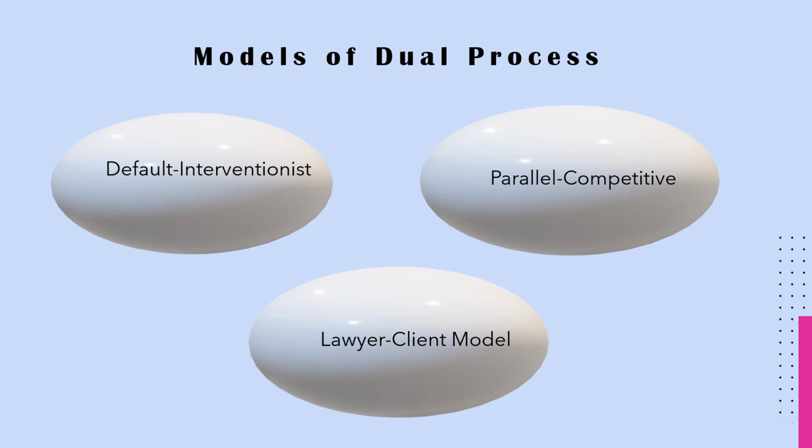The default interventionist model suggests that type 2 processes hang back and wait to intervene. Maybe we could suggest they're lazy. They let the type 1 processes run until there's a problem, and then they intervene.